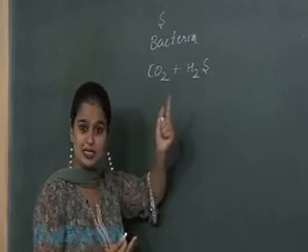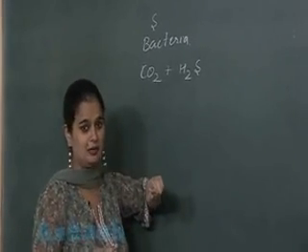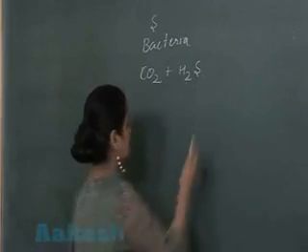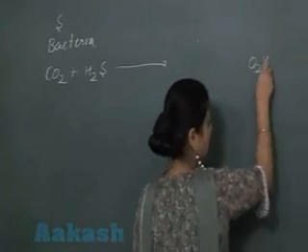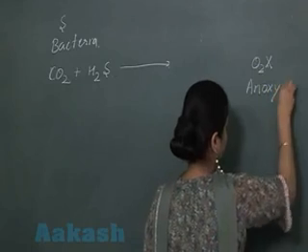Now in this case the carbon dioxide utilization is occurring, but in this bacteria the oxygen release is absent. Oxygen release is absent, it means they perform anoxygenic photosynthesis.